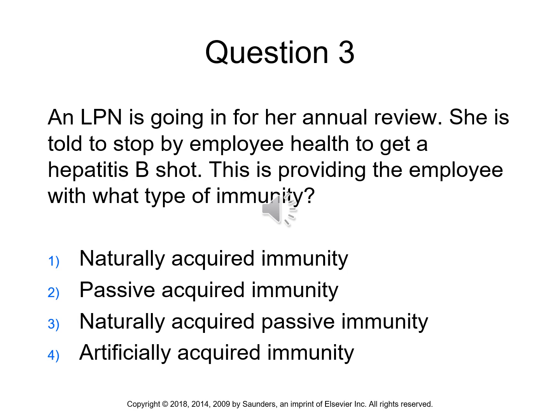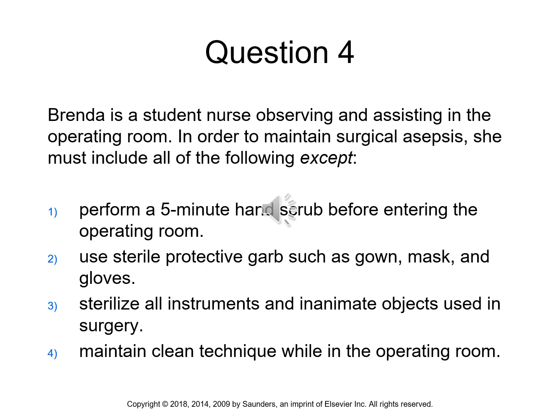Brenda is a student nurse observing and assisting in the operating room. In order to maintain surgical asepsis, she must include all of the following except: 1. Perform a 5-minute hand scrub before entering the operating room. 2. Use sterile protective garb such as gown, mask, and gloves. 3.